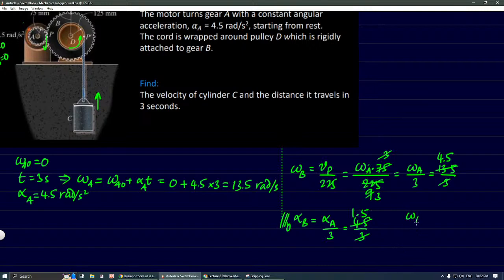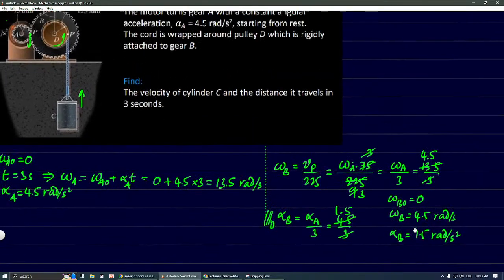That means omega of B is 4.5 radians per second, correct? And alpha B is 1.5 radians per second square. Initial velocity for B is also 0.